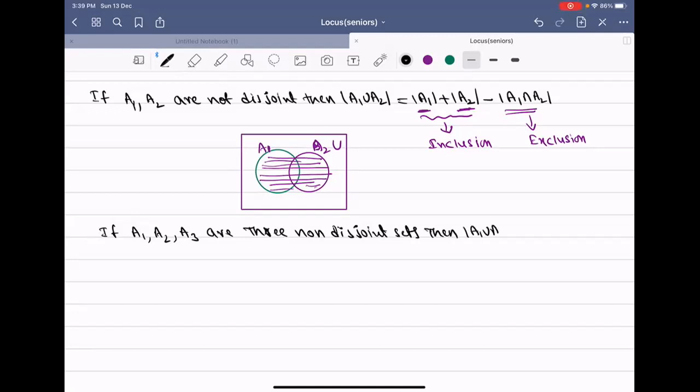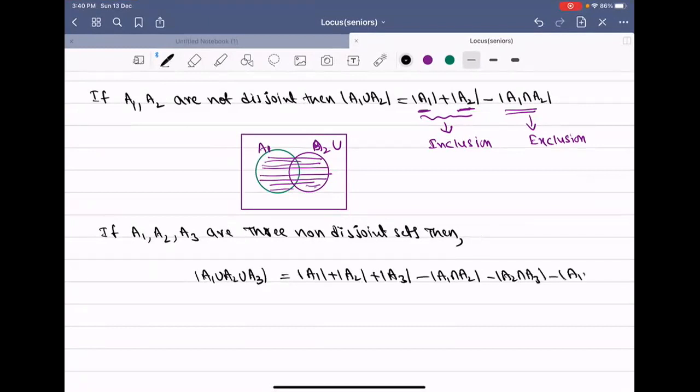The number of elements in A1 union A2 union A3 is the number of elements in A1 plus the number of elements in A2, the number of elements in A3, minus the number of elements in A1 intersection A2, minus the number of elements in A2 intersection A3, minus the number of elements in A1 intersection A3, plus the number of elements in A1 intersection A2 intersection A3.